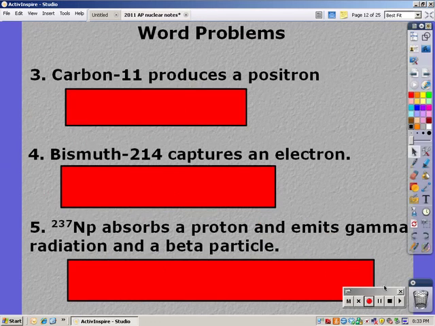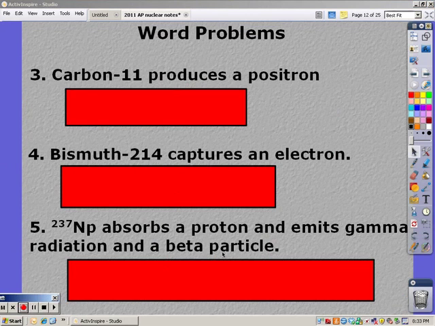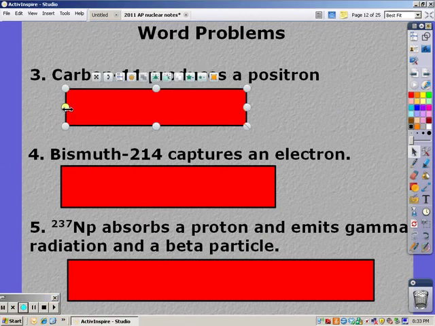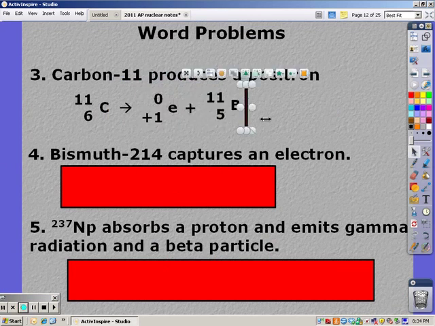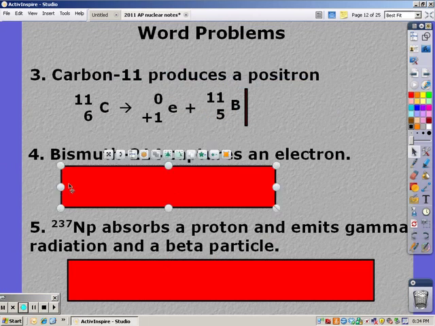Go ahead and pause the video and try these 3 on your own. Carbon 11 produces a positron, so positron should be on the products, plus boron.